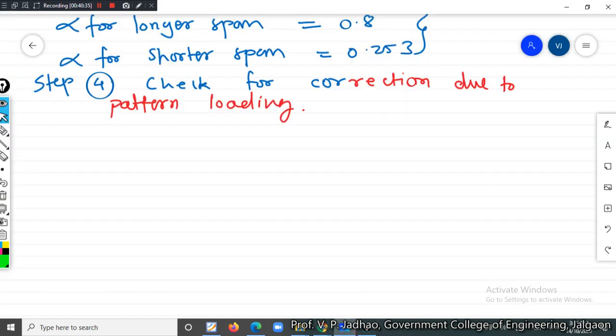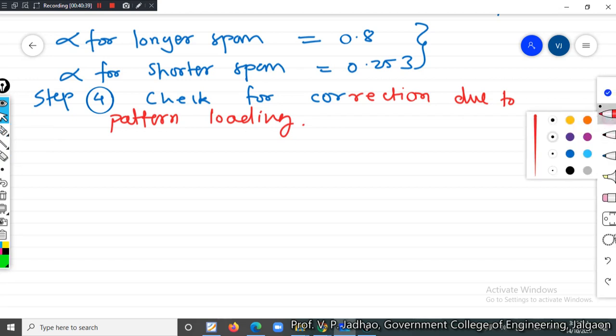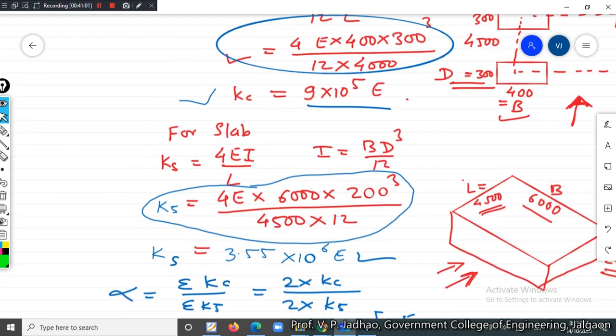Now this ratio is equal to live load divided by dead load. We have already calculated the dead load and live load previously.